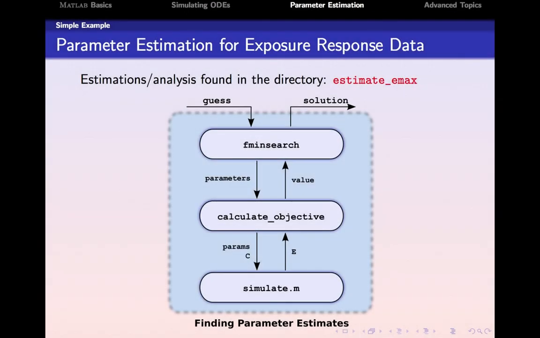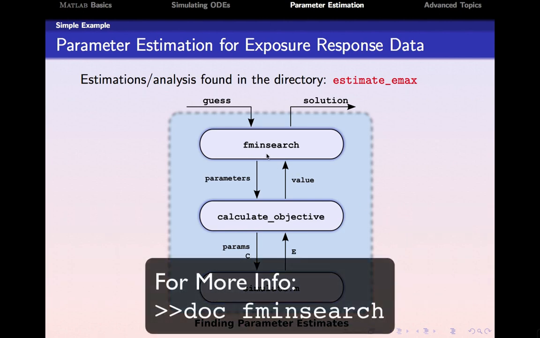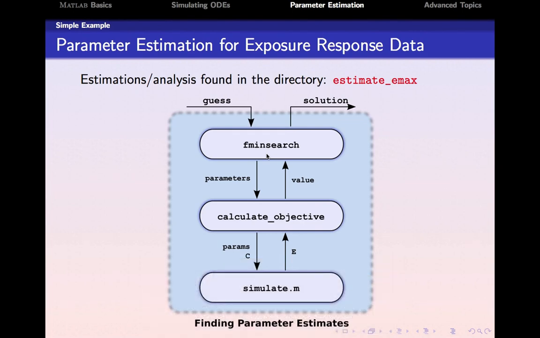So this is a flow chart, and the purpose of this flow chart is to show you how fminsearch works with different components of the optimization routine. So basically, fminsearch is a built-in MATLAB function, and minimally it has to accept an initial guess for your parameters. Okay, so it's going to take your initial guess for your parameters, and it's going to send different parameters to a function I've called here calculate objective.